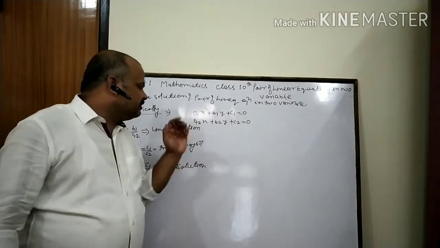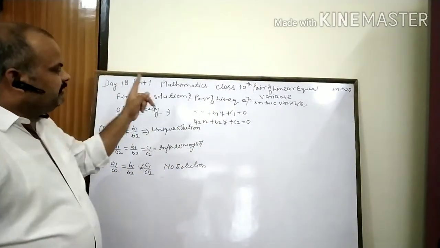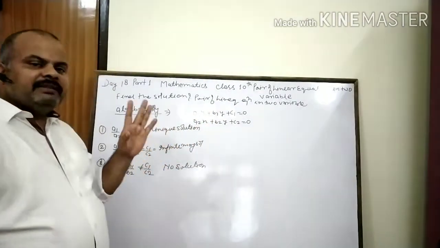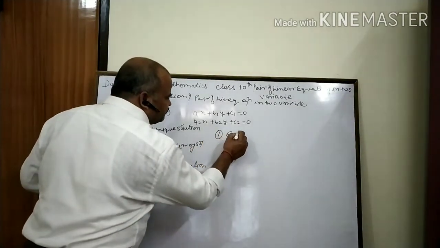Then if you have a pair of linear equations in two variables and you want to solve it algebraically, it means you can find the value of x and y. Then we have three methods. First one is the substitution method.